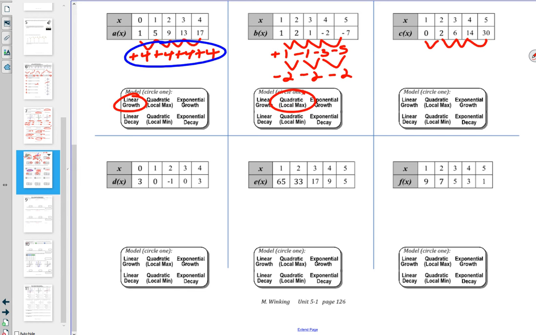What's the first difference between 0 and 2? Plus 2.